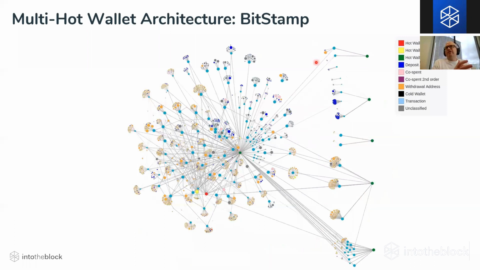It's a similar architecture with a dual hot wallet. The fascinating thing that we discovered about Bitstamp is that, very recurrently, it receives a lot of funds from the hot wallets of other exchanges. We have some hypotheses, but this is something that happens a lot, with other hot wallets being transferred into the Bitstamp hot wallet.